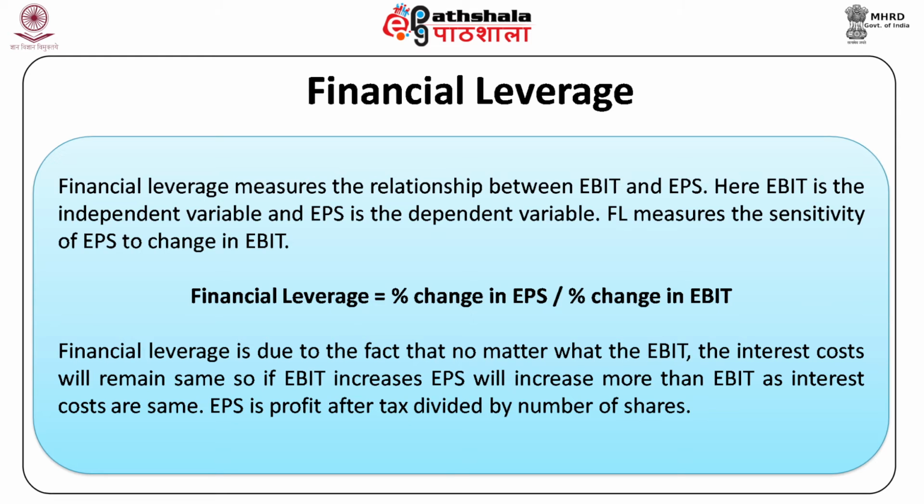Financial leverage is equal to percentage change in EPS divided by percentage change in EBIT. Financial leverage is due to the fact that no matter what the EBIT, the interest cost will remain the same. So if EBIT increases, EPS will increase more than EBIT as interest costs are the same. EPS is profit after tax divided by number of shares.